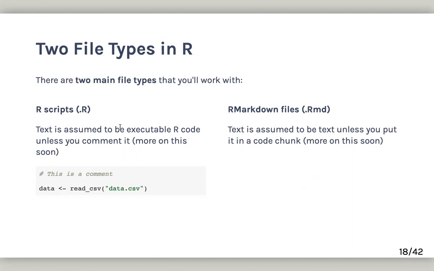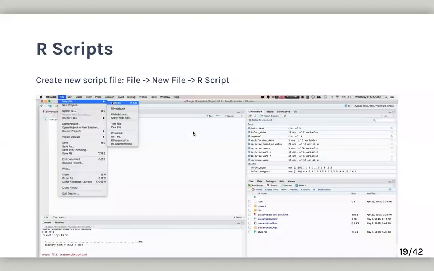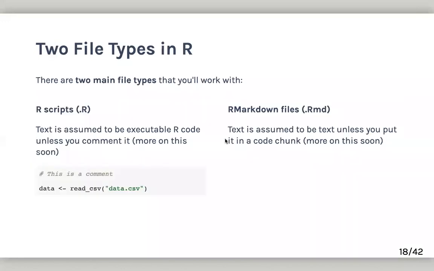Because they normally will run the entire R script and then say, there's an error, I don't know what it is. It's harder to find it when you don't break it down.